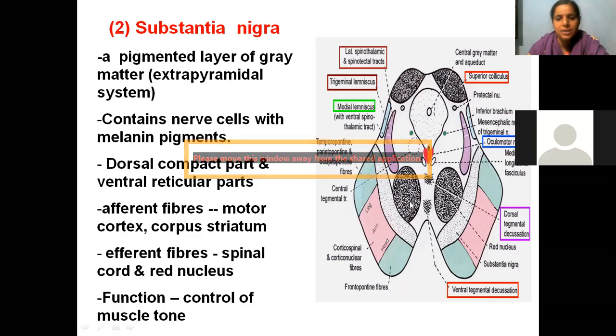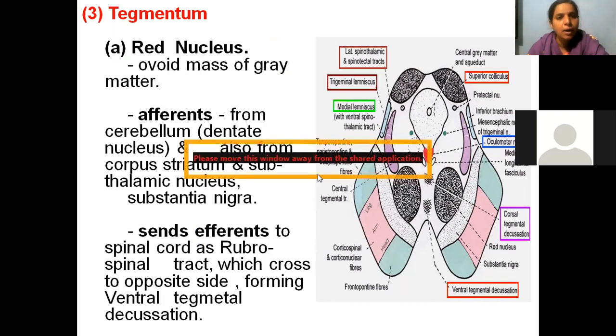At the superior colliculus level, we also find the red nucleus. Please learn, take the picture or screen record it or whatever. You have to learn these points for substantia nigra. Okay, very important, substantia nigra. Then similarly, there is one more important topic we have in the cut section of midbrain at the level of superior colliculus.